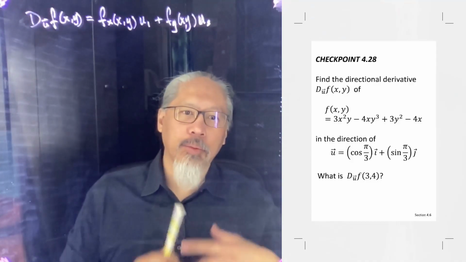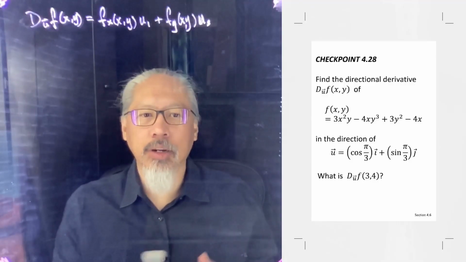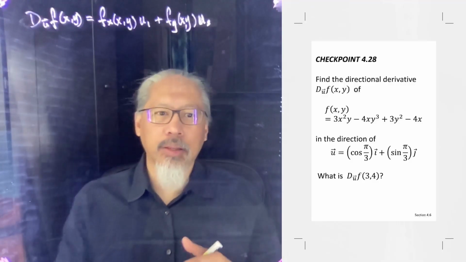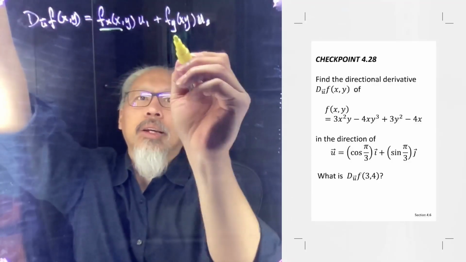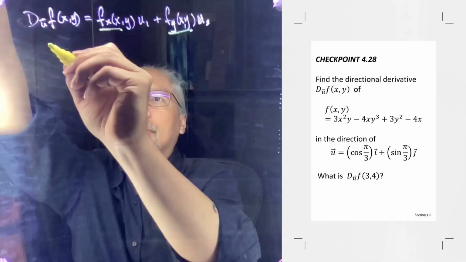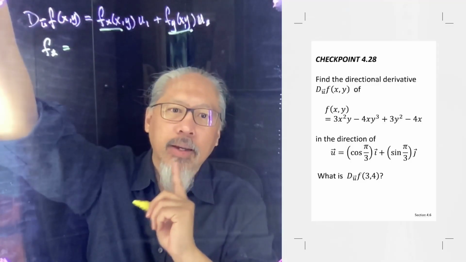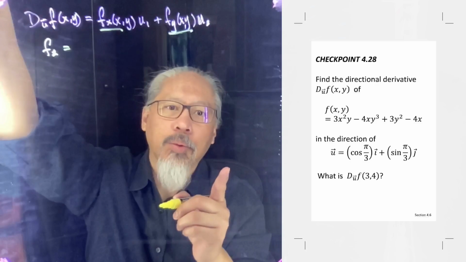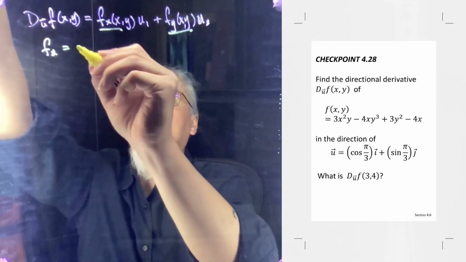They want us to find the directional derivative first, and then figure out what it is evaluated at (3, 4). For this we need to find our partial derivatives. So f sub x is equal to, we have 3x squared y, so with respect to x that's going to be 6xy.